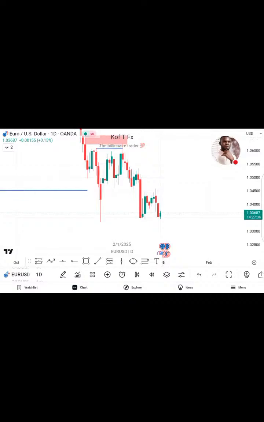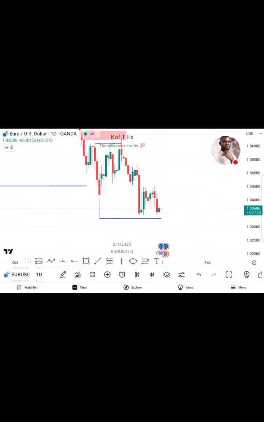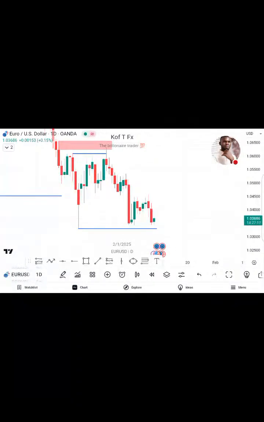And after that, we have this external liquidity available to be taken out.